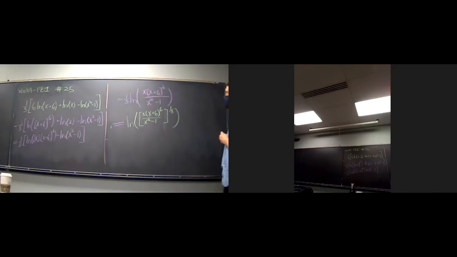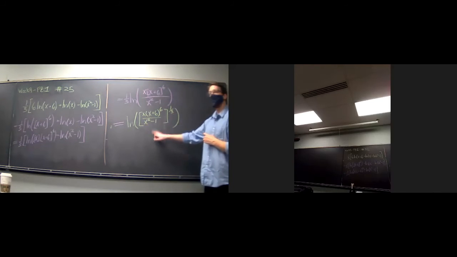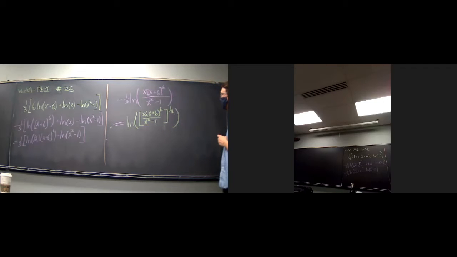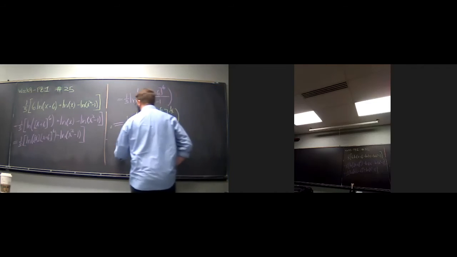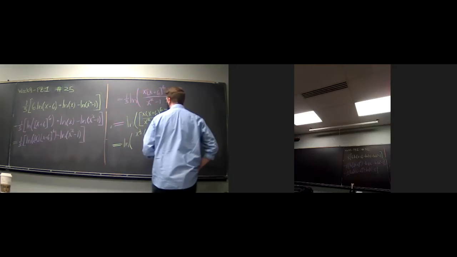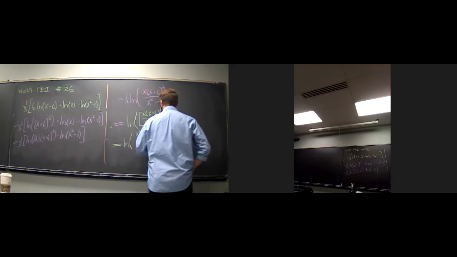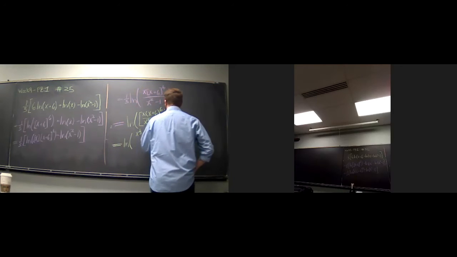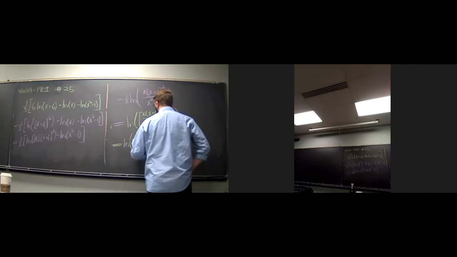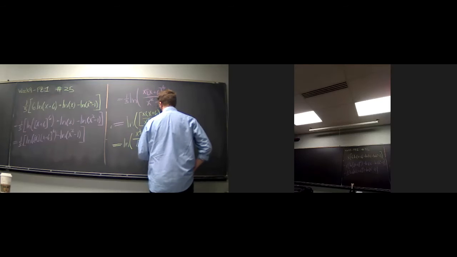We can simplify this even further by distributing this 1/3 all the way through. And when we do, we're going to find that this comes out to be the ln of x to the 1/3 times x plus 6 squared divided by x squared minus 1 to the 1/3 power.